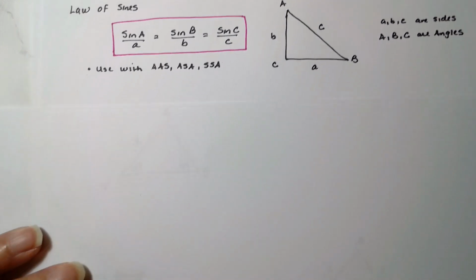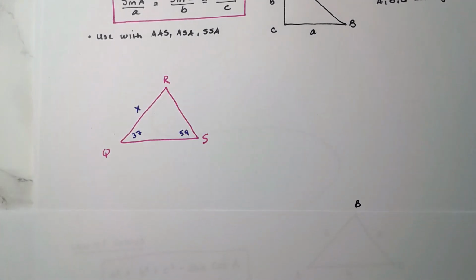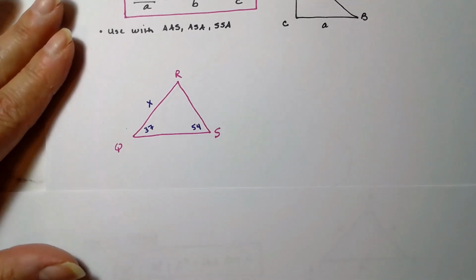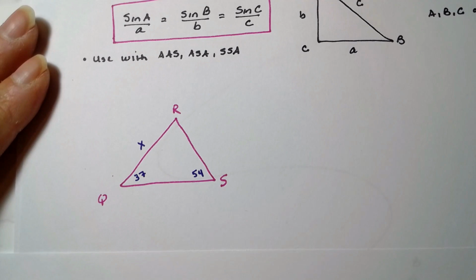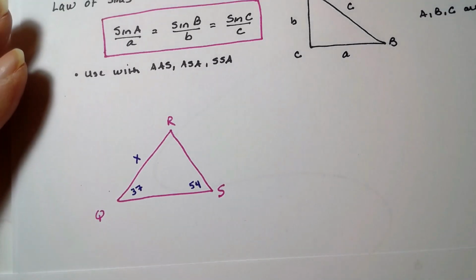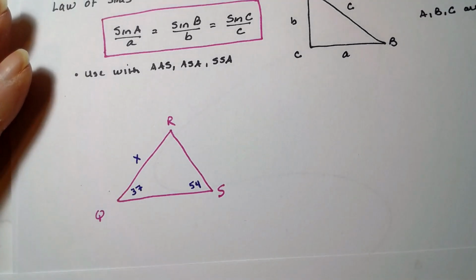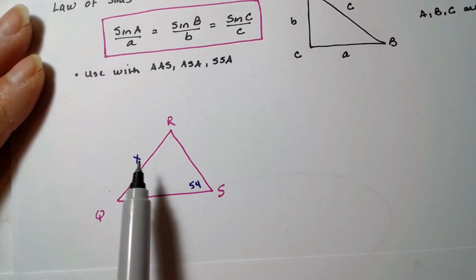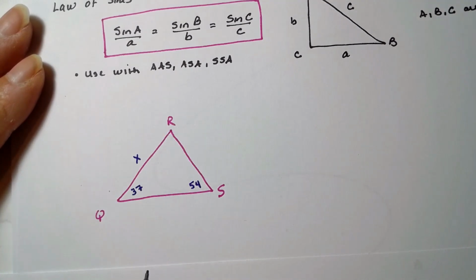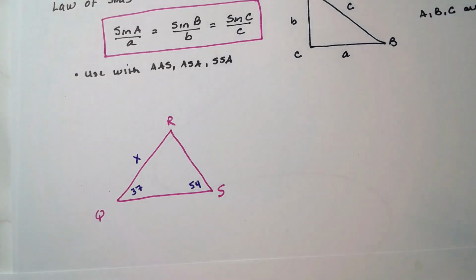So let's just do a quick review problem. So here you have triangle QRS. Make that a little bit bigger. And what we have to find here is X, right? So I have two angles and the non-included side, so I have angle, angle, side, an AAS situation. So that means I can use the law of sines, right?